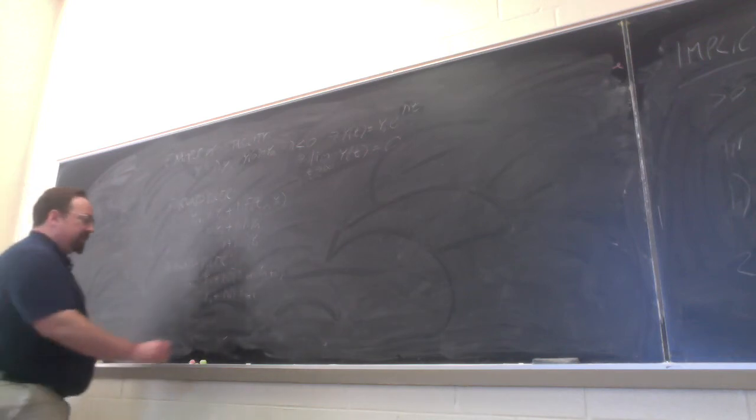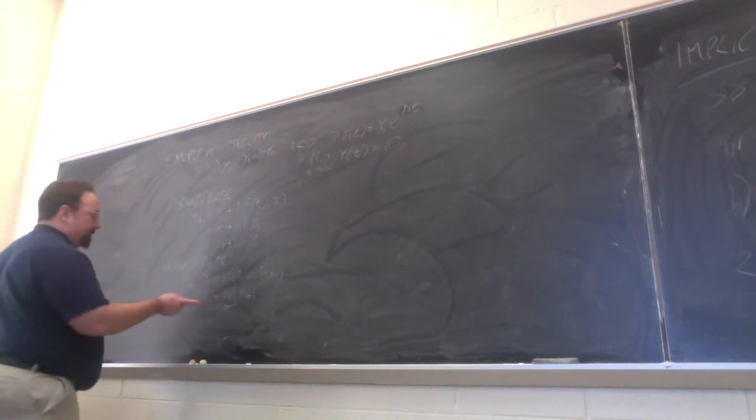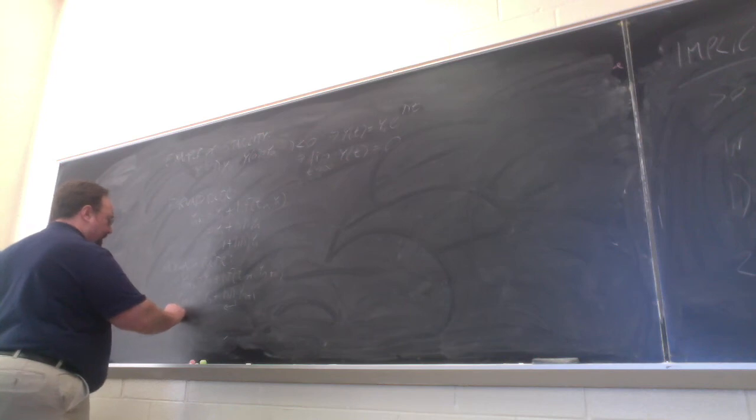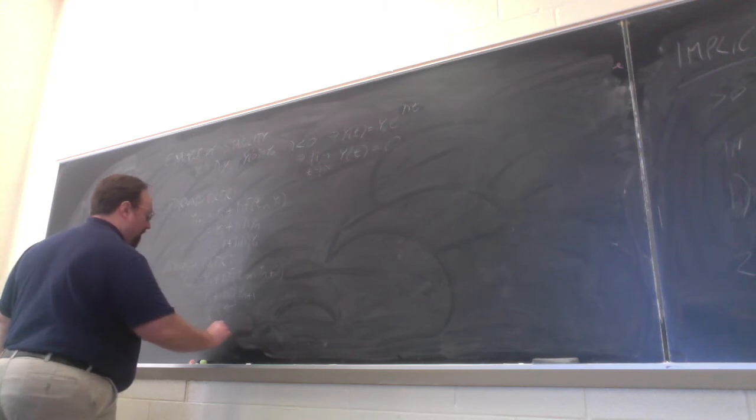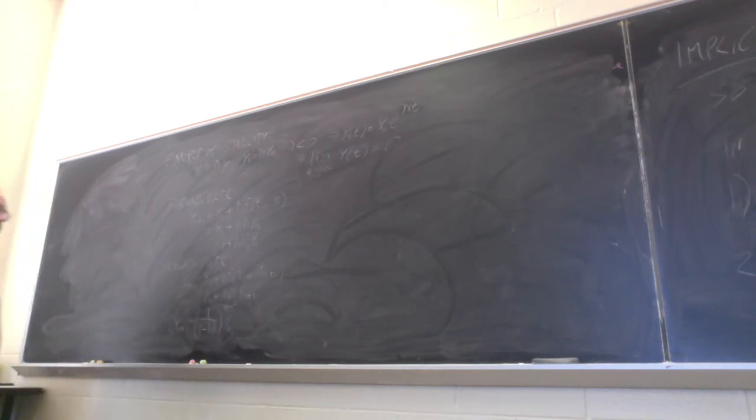Now we have to solve for y_{n+1}. But this is a linear equation, so in this case that's easy to do. We can just take this term and move it to the other side. So y_{n+1} is equal to 1 over 1 minus h lambda times y_n.